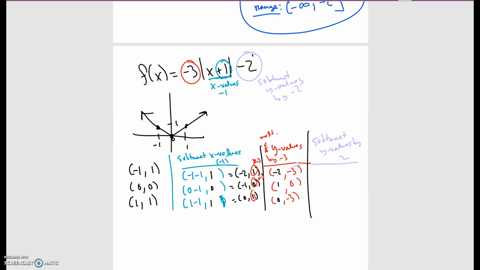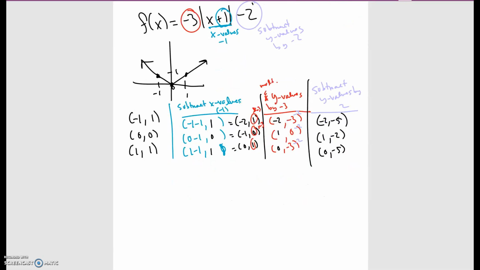I'm going to take this -3, this 0, and this -3. So my new points are going to be the following. I'm going to have -2, nothing happened to that, still -1, and this is still 0. Okay, and -3 minus 2 is going to give me -5. 0 minus 2 is going to give me -2. -3 minus 2 is going to give me -5. Okay, so this is less visual and more number-like.